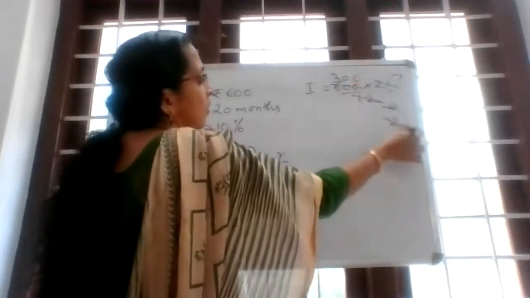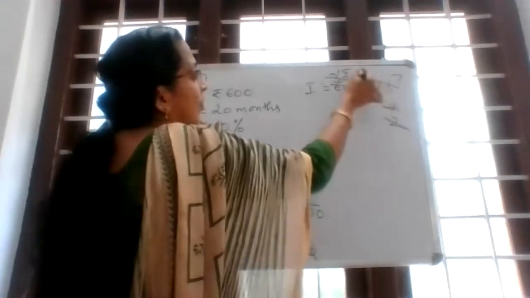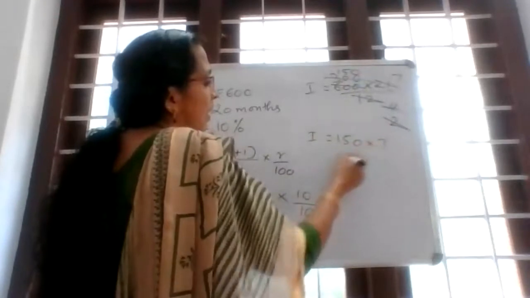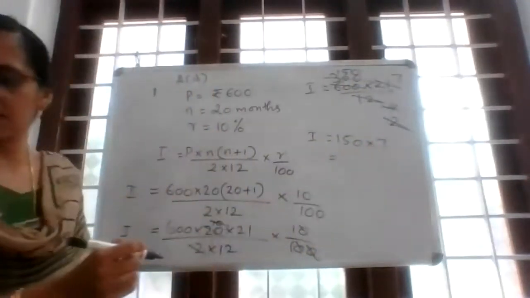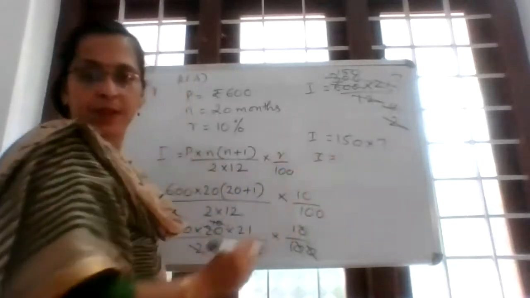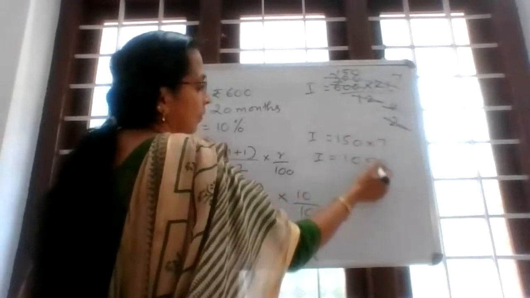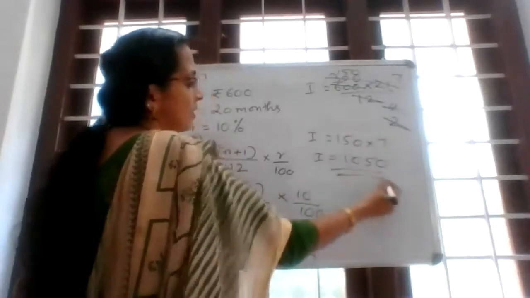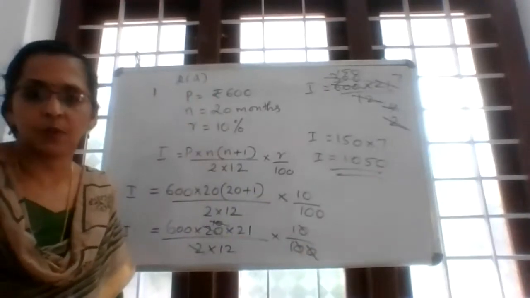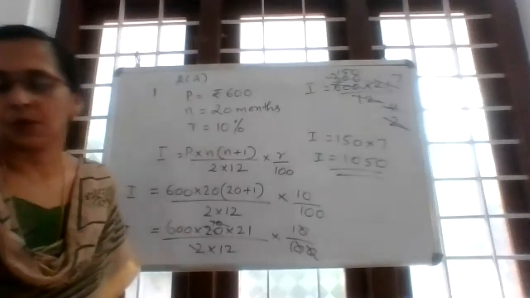So again it is possible, no? So 15, 0. So I is equal to 150 into 7, you are getting? 150 into 7, so it is 1050. I is equal to 1050. All got 1050? Yes, ma'am. Okay.